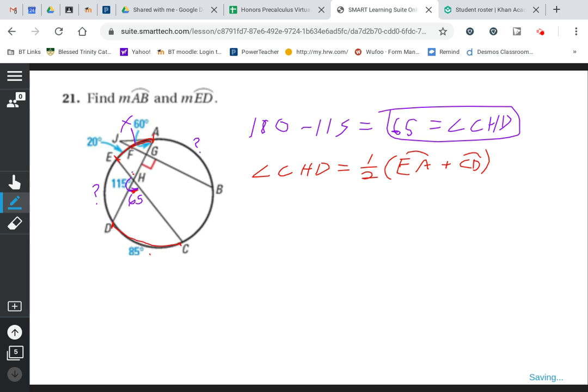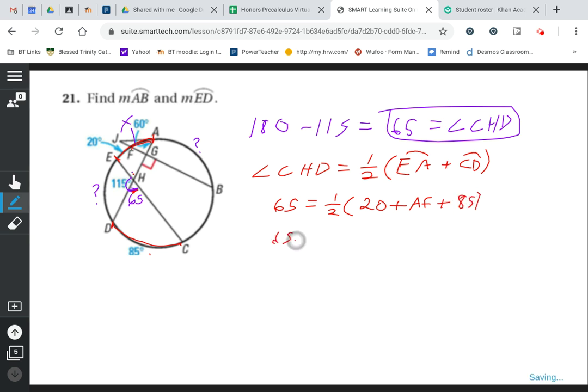Now I'm just going to substitute values I know. I know that CHD is 65 because we just found it, is equal to 1/2. EA, well, EF is 20, but we do not know EA, so I'm going to call it, actually, I'm just going to call it FA, or AF, plus CD, which we now know is 85.